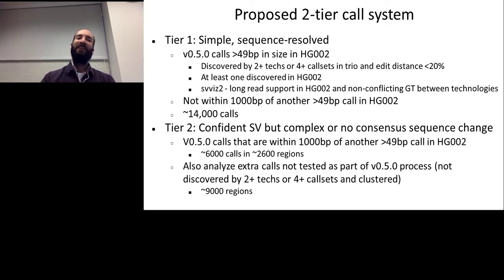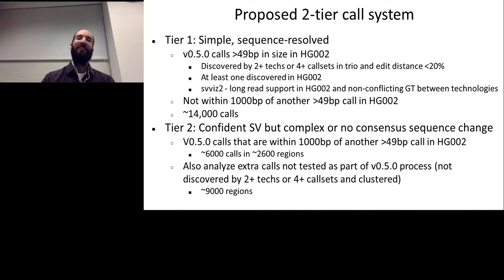But we didn't want to stick with only this tier 1 call set because it excludes a lot of these more difficult variants that we have been working on characterizing. And it's often useful to know whether you are missing these calls, where maybe we're pretty confident that there is a structural variant, but it's complex, where we have multiple clustered calls, or where we couldn't come up with a consensus sequence change at that location.